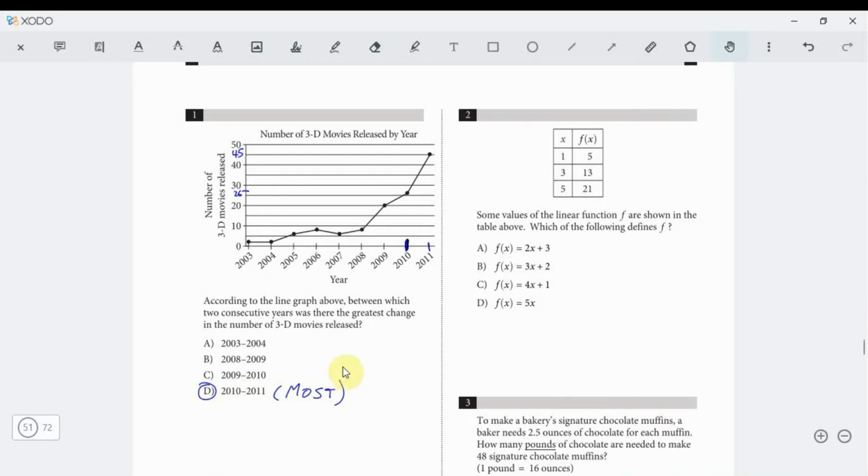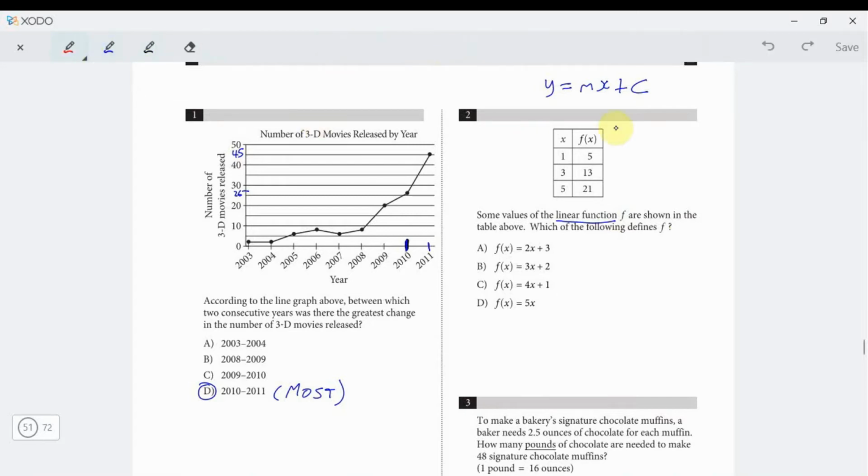Yes, sir. Alright. Number 2 says some values of the linear function f are shown in the table. Now guys, once you hear the word linear function, then you know it is a straight line, and a straight line has the equation y equals mx plus c. If you notice, when the x value is 1, the y value is 5. F of x is y.